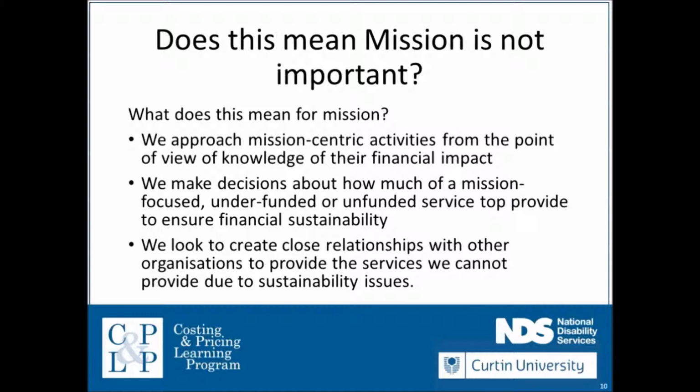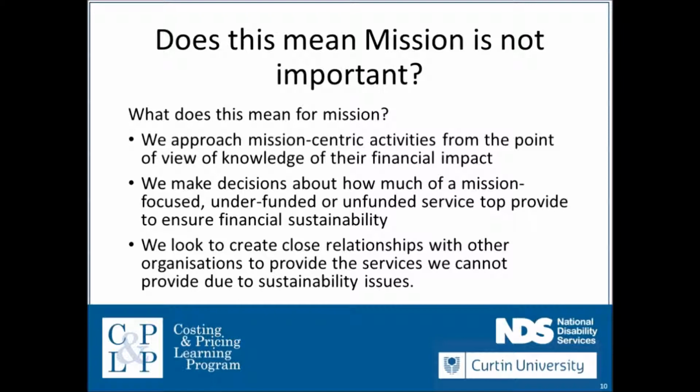The approach, though, might be a little bit different in the sense that we seek to understand our mission-centric activities from the point of view of knowledge of their financial impact much more. In other words, we have to build real knowledge, understanding those services and particularly the costs of those services, so that we can make decisions about how much of a mission-focused, underfunded or unfunded service we should provide to clients.